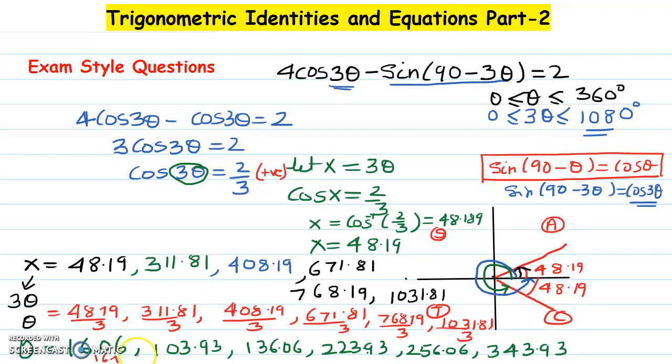If you want, you can write 104, and this will be 136 to 3 significant figures, and this will be 224 and 256, 3 significant figures, and the last value will be 344. Okay, that's it. This is what you need to do, and this will be nearly a 5 marks question for your exam. Let's see another question here.